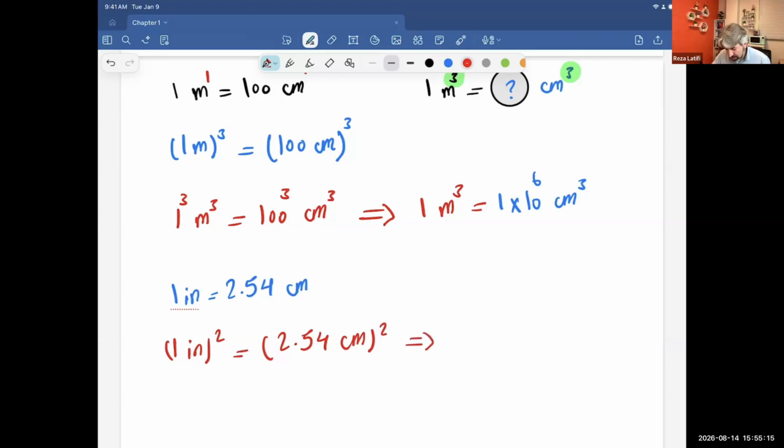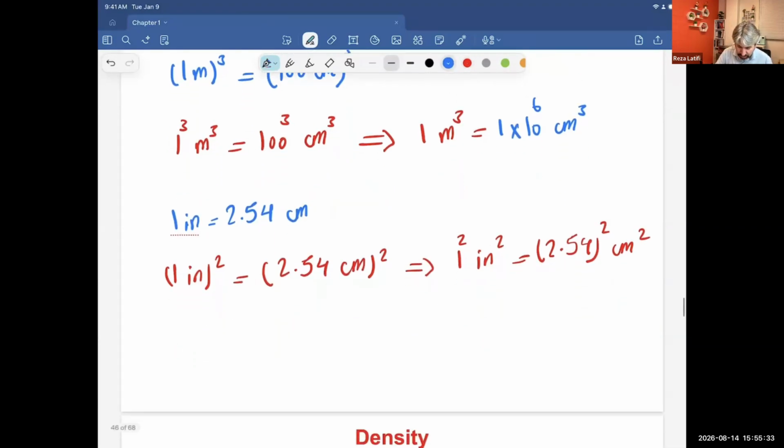So I get 1 square inch equal to 2.54 to the second, which is 6.45, and the unit will be square centimeter.